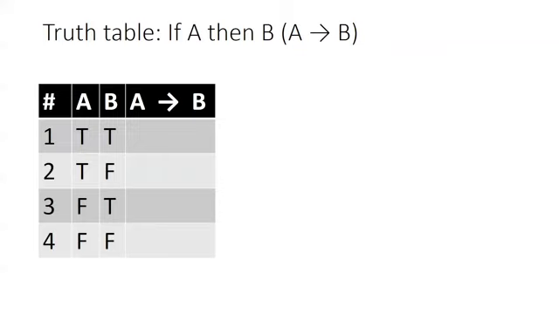And so with the truth table, we can give the truth value of if A, then B in each of these four scenarios. And it will be like this, right? In the scenario where A and B are both true, then the statement if A, then B will be true. But if A is true and B is false, then the statement if A, then B will be false. Because again, when we say if A, then B, we're saying that if A is true, then B will be true.